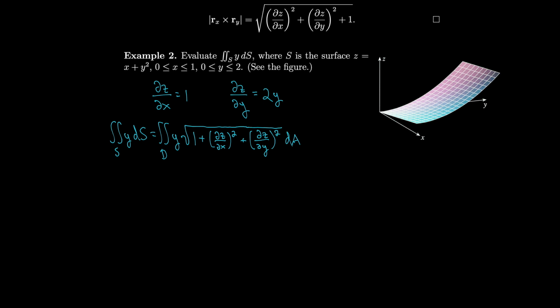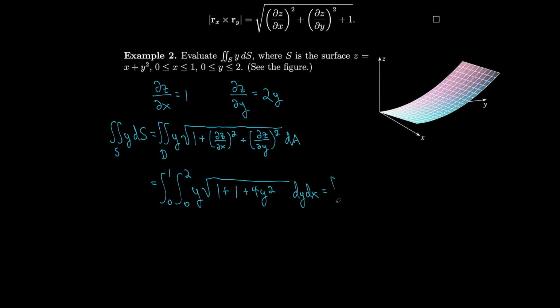So then this becomes the integral from 0 to 1 for x, integral from 0 to 2 for y of y times square root of 1 plus, well, partial z with respect to x is just 1 as we calculated, and this guy's just 2y, so that's 4y squared, and then we'll have dy dx.